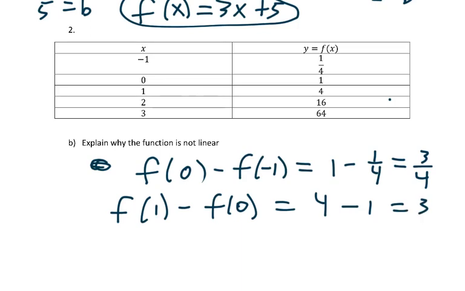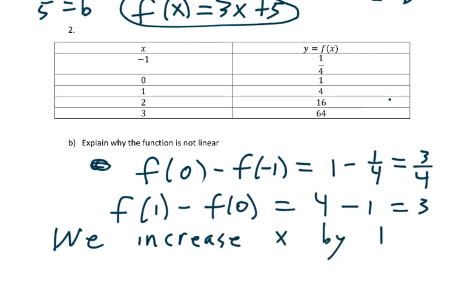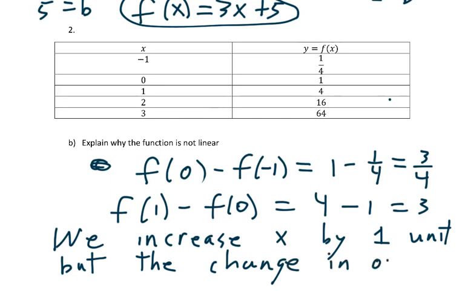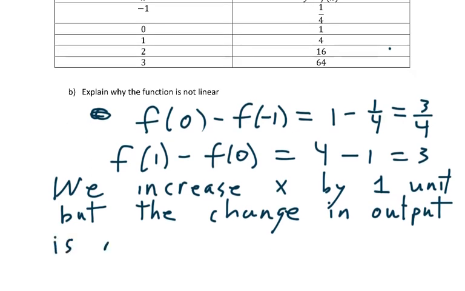So because of this, it can't be linear, since if we increase x by 1 unit, the change in output is not the same. We increase x by 1 unit, but the change in output is not constant. So because of that, this function cannot be linear.